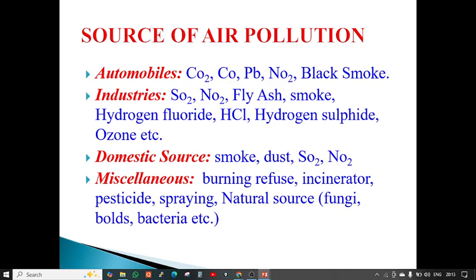But natural air pollution is caused by the blowing of air, where the dust is blown along with the air, and pollen grains are sprayed here and there. That is a very small amount of air pollution compared to human activities. So humans are releasing more air pollution into the air, which can deteriorate human health.